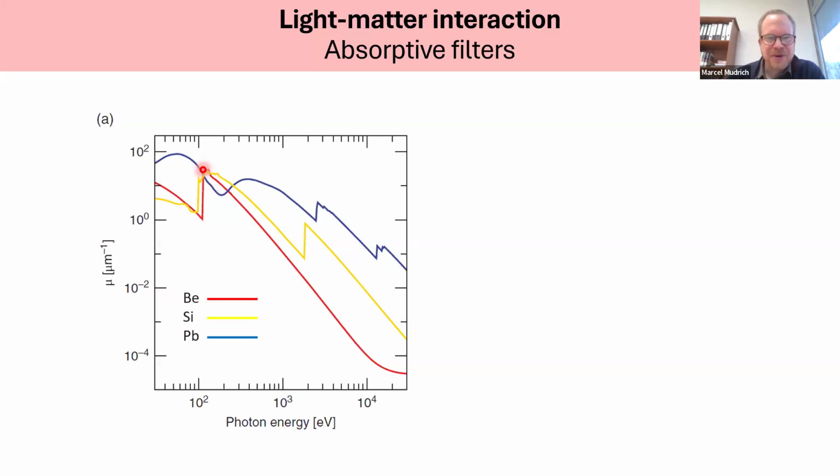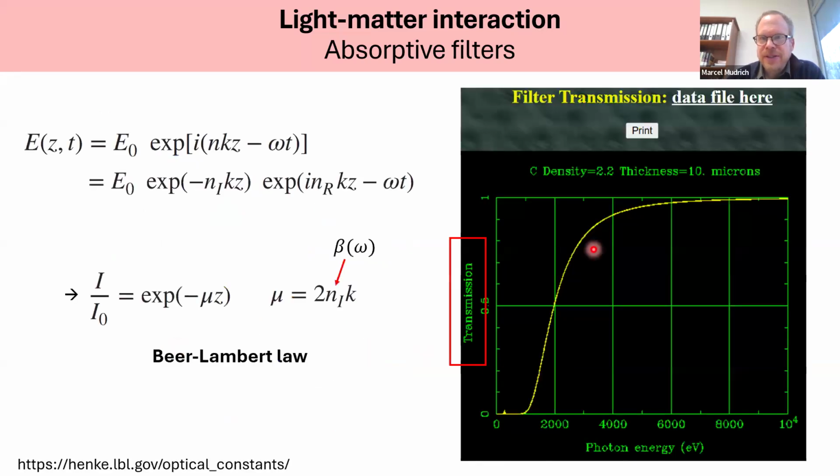Where do these steps come from? They seem to be material specific properties. Like even here in the case of carbon, okay, that's the transmission. This is something like 1 minus the absorption coefficient.